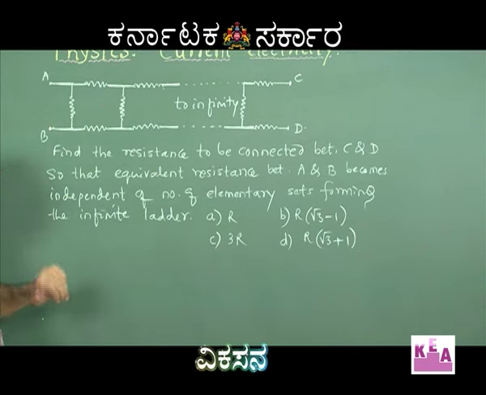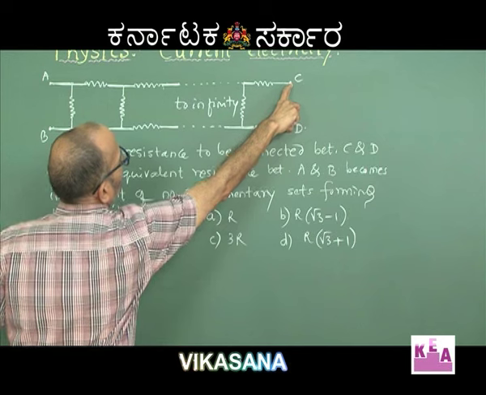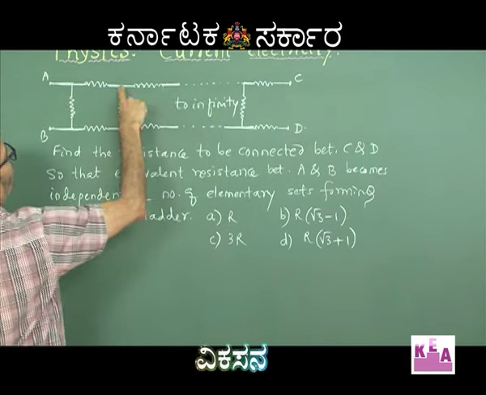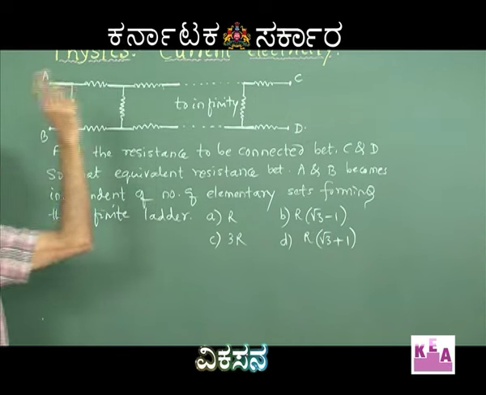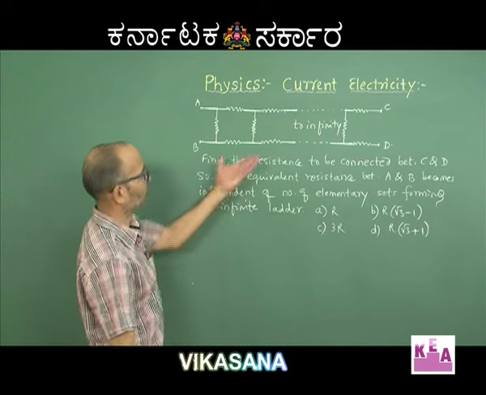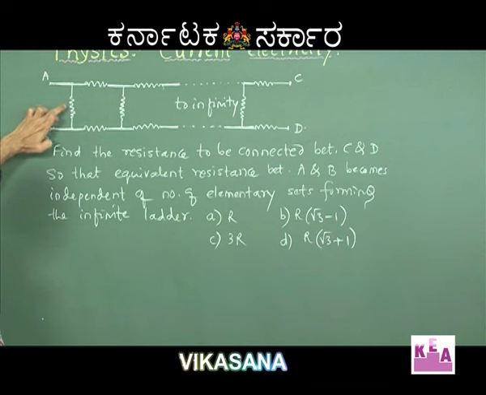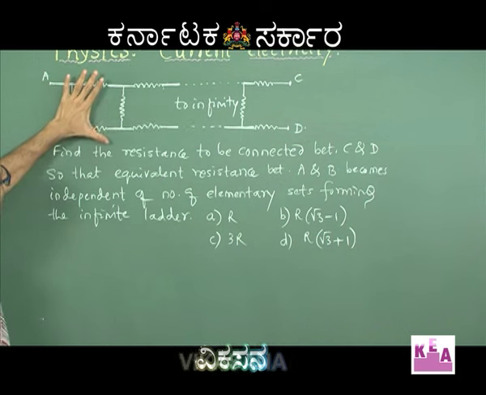So, I hope that clearly means that whether I connect that resistance X here or here or here or here or here, it does not matter at all. Why? Because it has to become independent of the number of elementary sets, and I told you the elementary sets that we have identified forming this infinite ladder are this, this and this taken together.